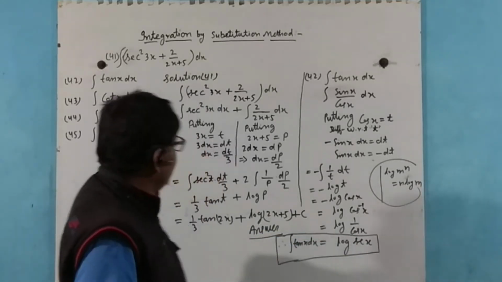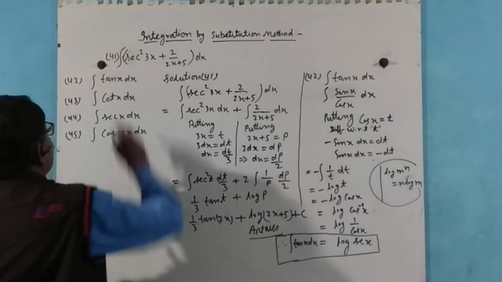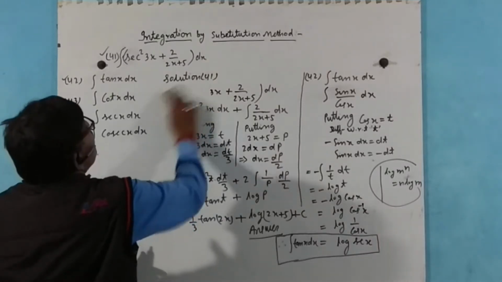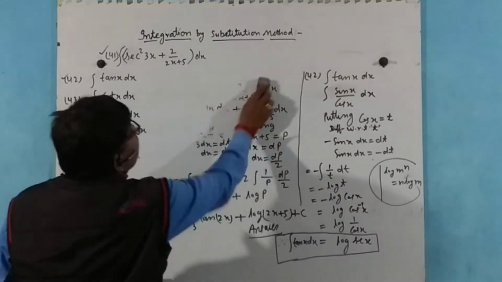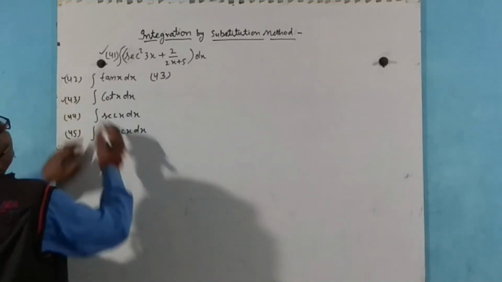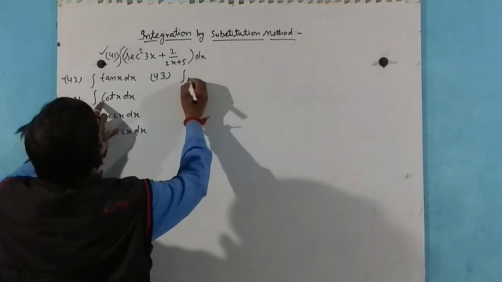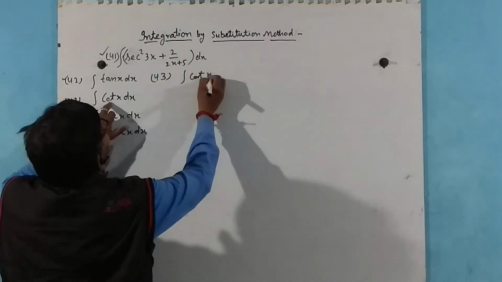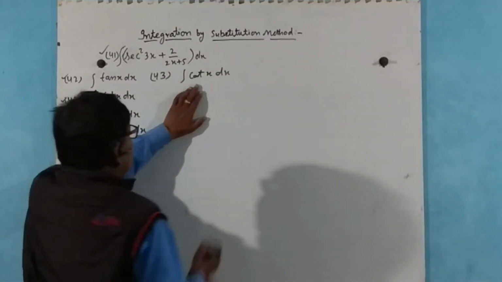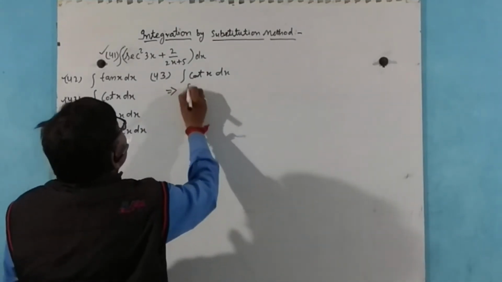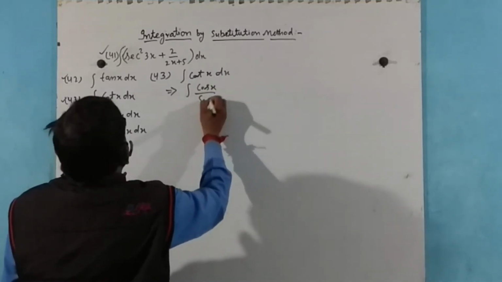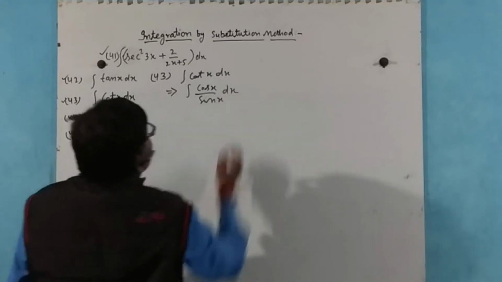Now we take another example here, 43. Question number 43: integration of cot x dx, solution of this. First of all we change this: integration of cot x, cos x by sin x dx.